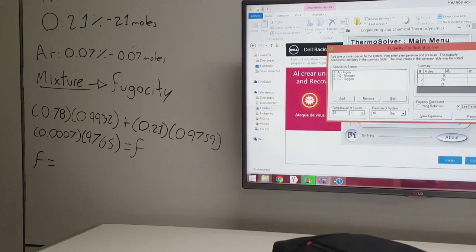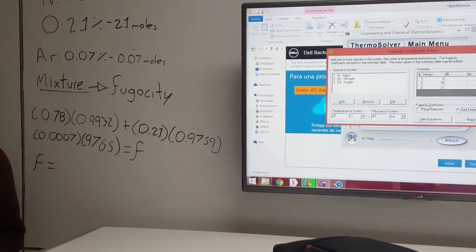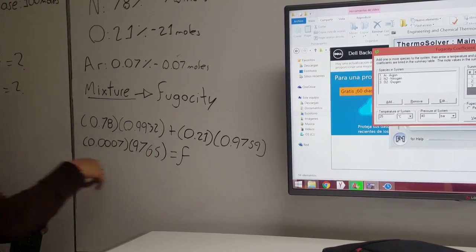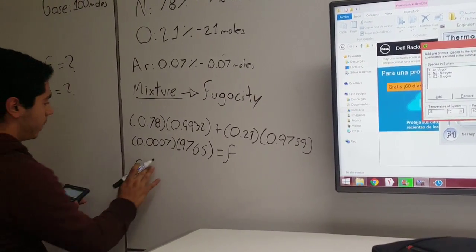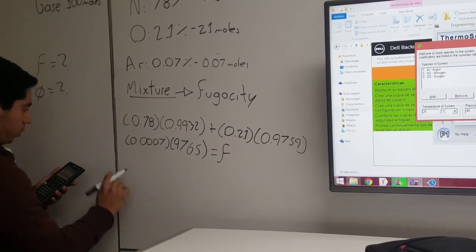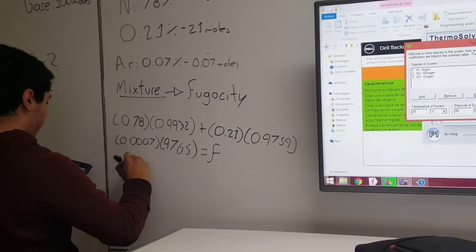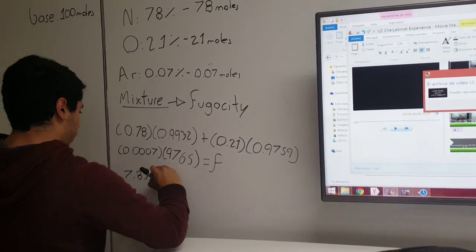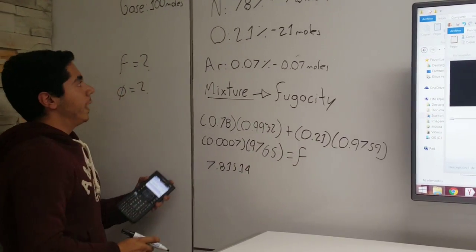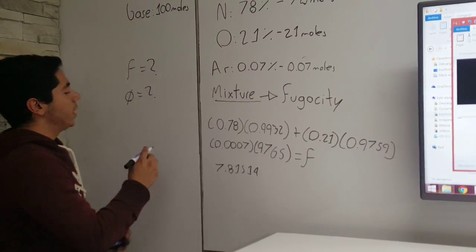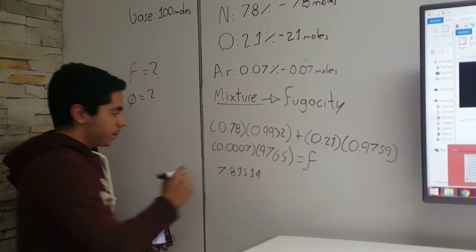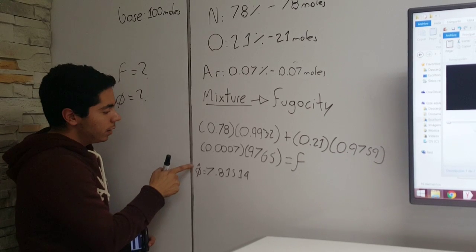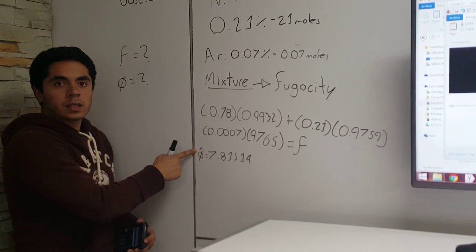And which is the result? We have here 0.981514. Now, this is the total coefficient, for the mixture. We add this symbol because it means it is from all the species that we have.